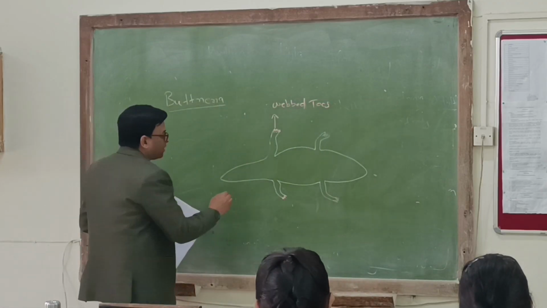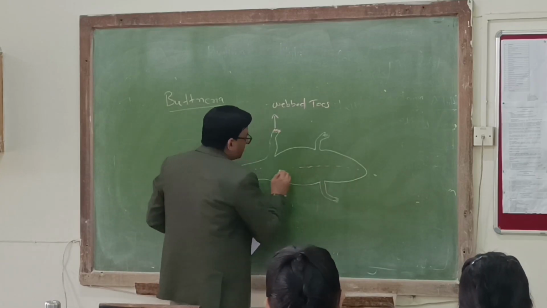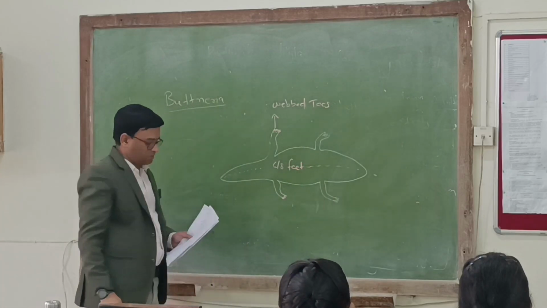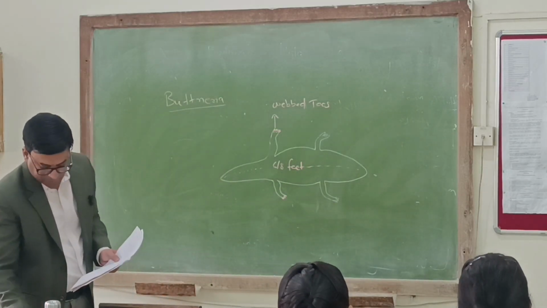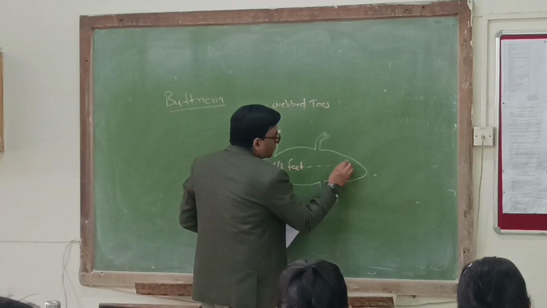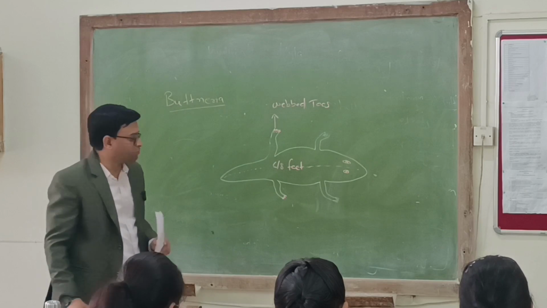This is the largest amphibian we found, near about 6 to 8 feet long, with prominent eyes and the nostrils.